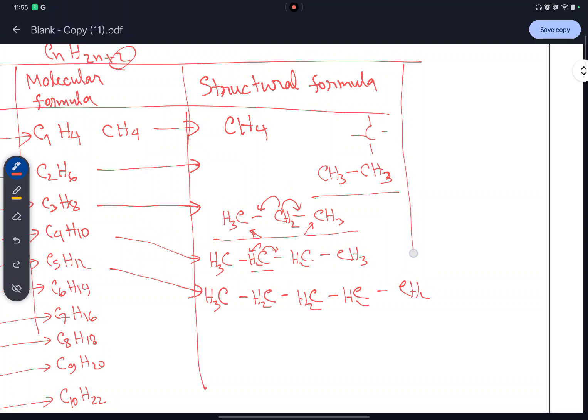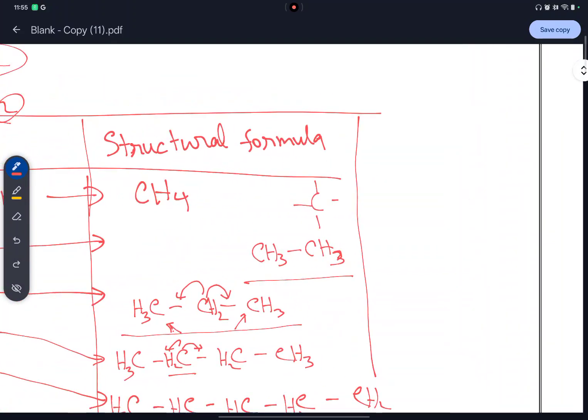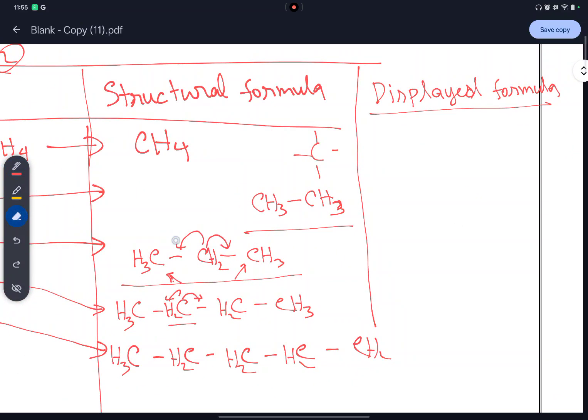Now let's move to a different type of formula, called displayed formula. You can see that in the structural formula I did not show every single bond. I only showed the bonds I needed to show.